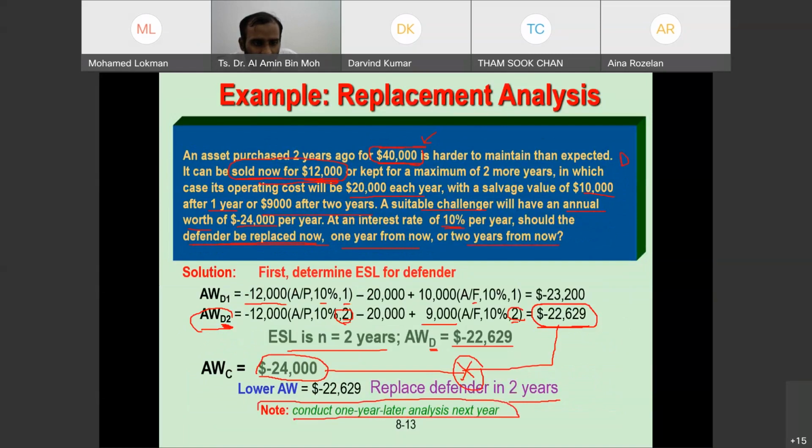Although they say keep it for 2 years, after 1 year we do the analysis again, just to make sure is there any changes in our decision. This is especially when we keep the challenger. I'm sorry, defender. I hope this is clear.